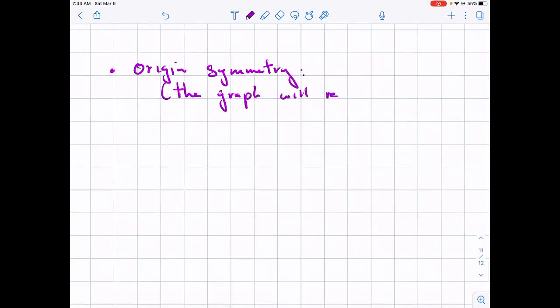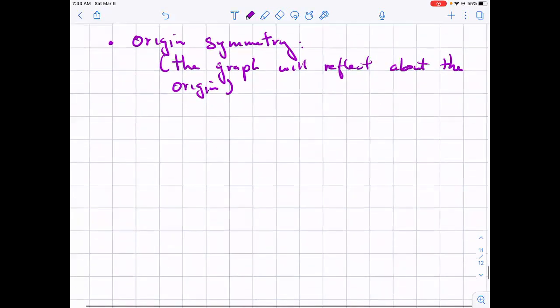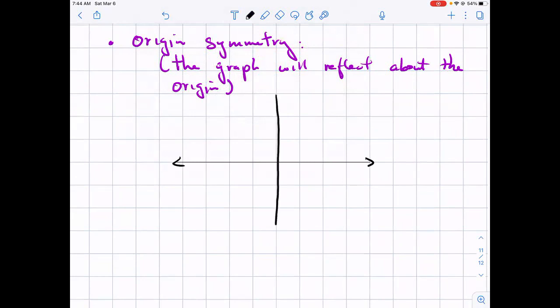An example of such graph is this graph here.